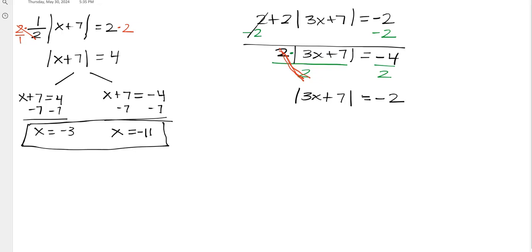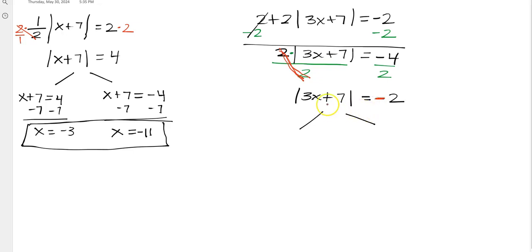I'm going to pause here for a second because we could make our two different equations like we did before on the other one. However, this one is a little bit different because we start off with this absolute value equals a negative 2.